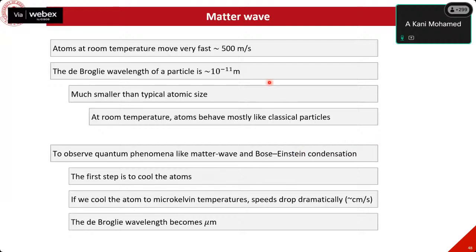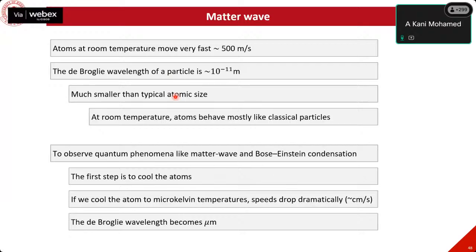If we estimate the de Broglie wavelength of atoms at room temperature, the air molecules or the atoms, it comes out to about 10 to the power minus 11 meter. But the atom size itself is roughly of the order of angstroms. So this de Broglie wavelength is much smaller than the typical size of the atom.